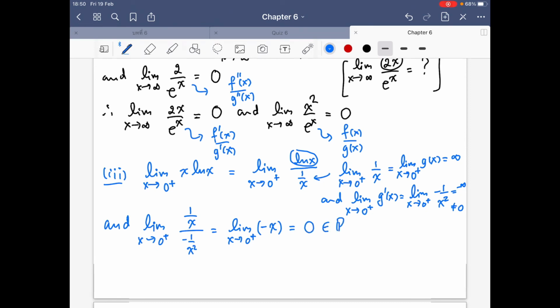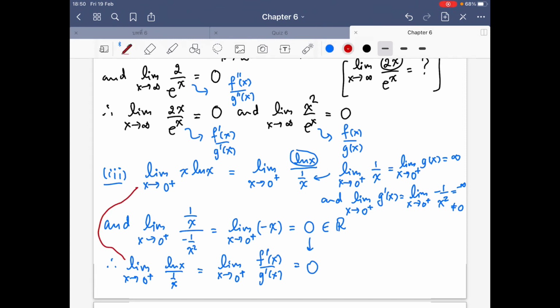It is a real number, so it means that this limit of log of x over 1 over x can be calculated by the limit of f prime over g prime, which is 0, okay? So it means that what you need at the beginning, which is x multiplied with log of x, also equals 0, okay?